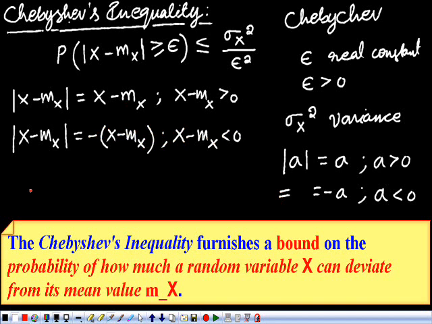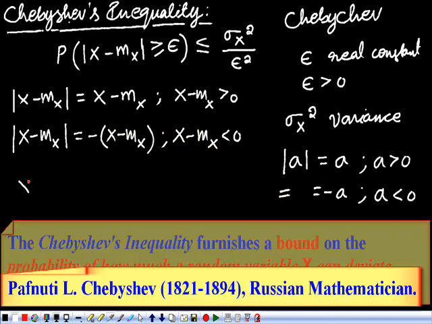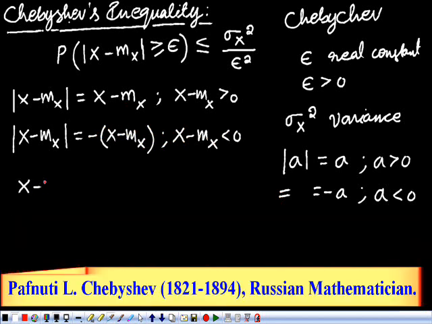Therefore, if you consider the first one, from that we can write mod x minus mx greater than or equivalent to epsilon for the first case. If x minus mx is positive, then mod x minus mx is x minus mx, then you can write this as x minus mx greater than or equivalent to epsilon. So this implies x is greater than or equivalent to mx plus epsilon.